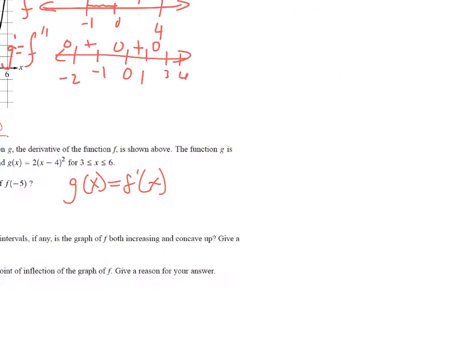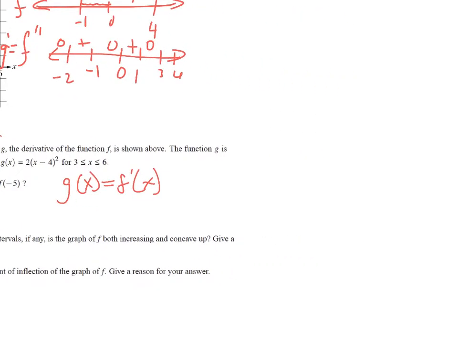You might also note this, to take this a step further, since g is equal to f prime, we can say that f of x is the integral of g of x dx.